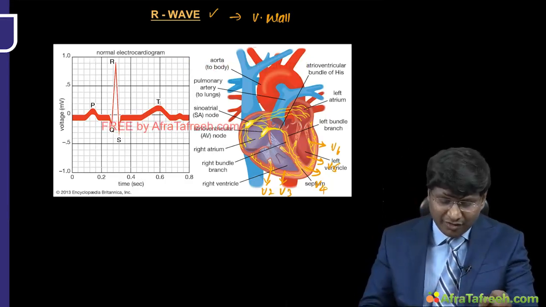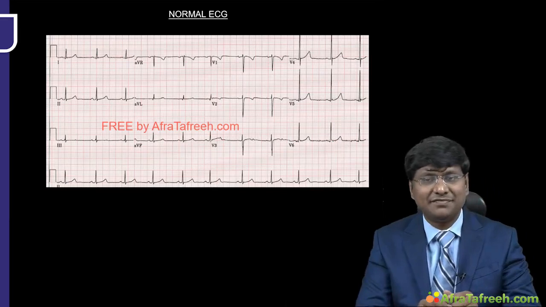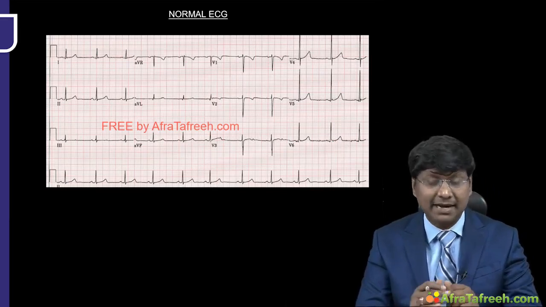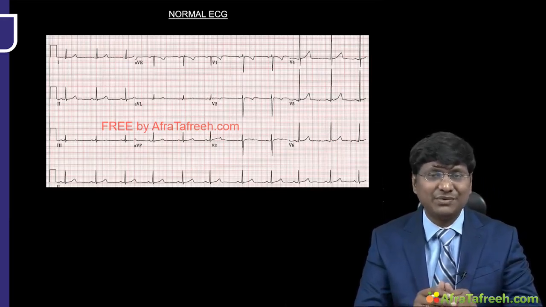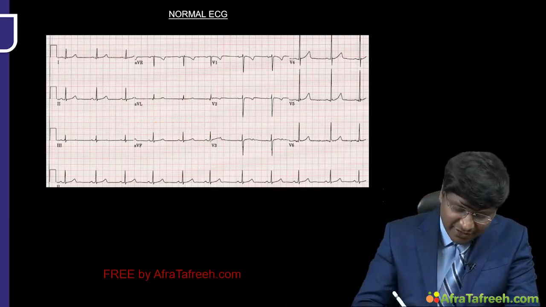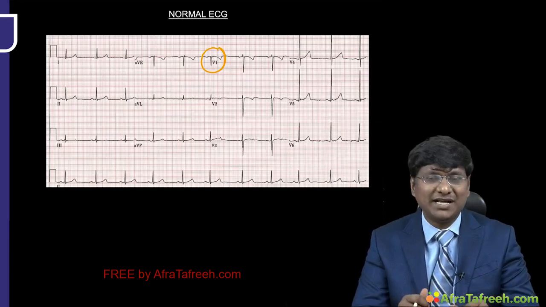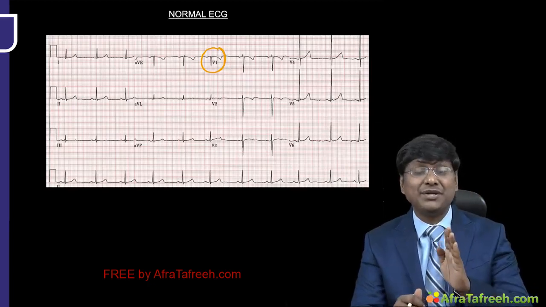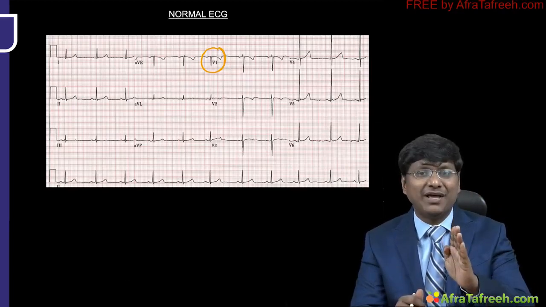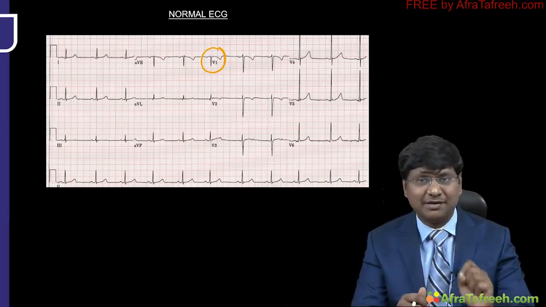Now, what will be the abnormalities of the R wave? The abnormalities of the R wave that you need to know: you take lead V1, in lead V1 you don't have the R wave. But I'll be discussing the conditions where you have a dominant R wave in V1. That is one abnormality.